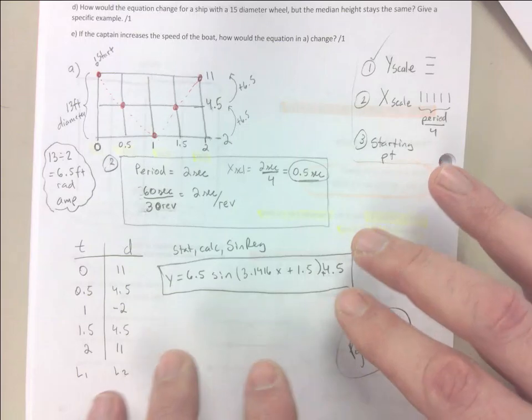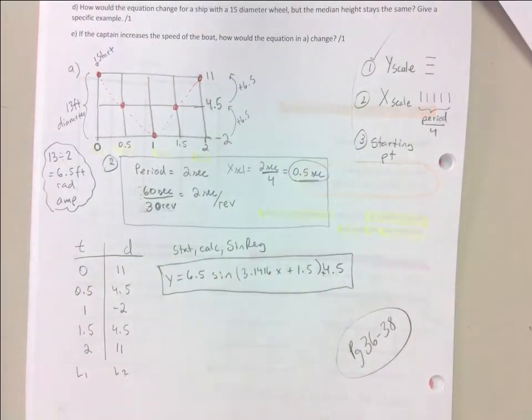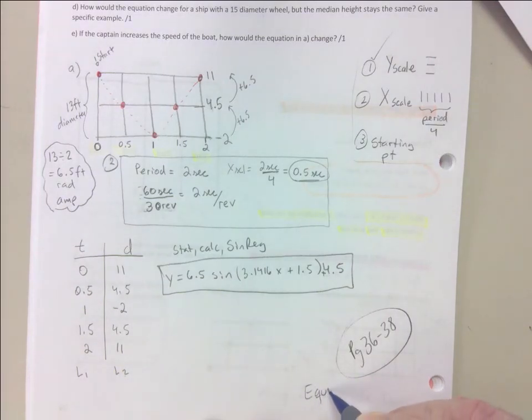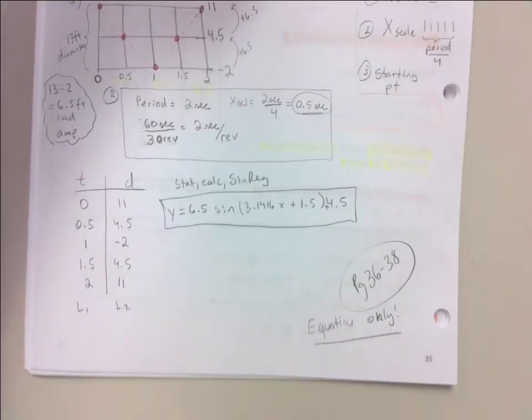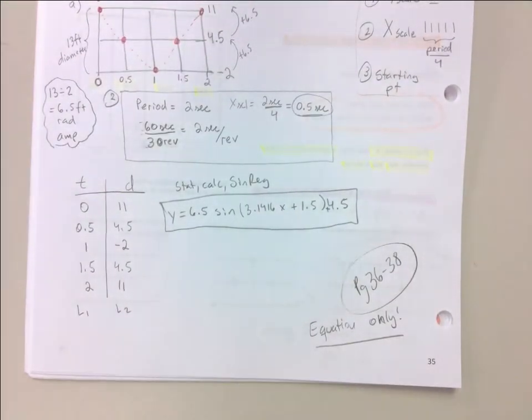You went through the steps and you came up with an equation. All the other questions you may omit. You may ignore everything else. I just want the equation. I'm actually going to write it down. Equation only. Okay. Oop, you can't see that. There, equation only. Don't worry about anything else at this point.